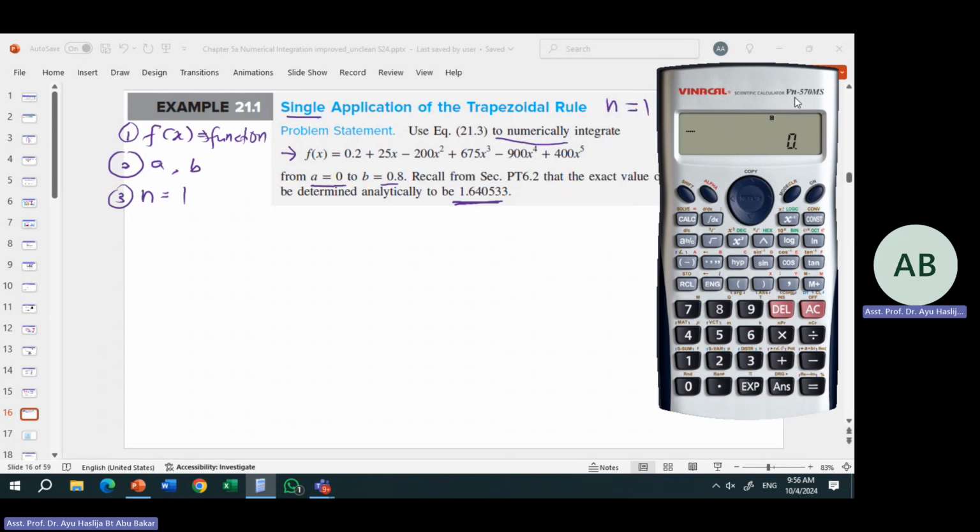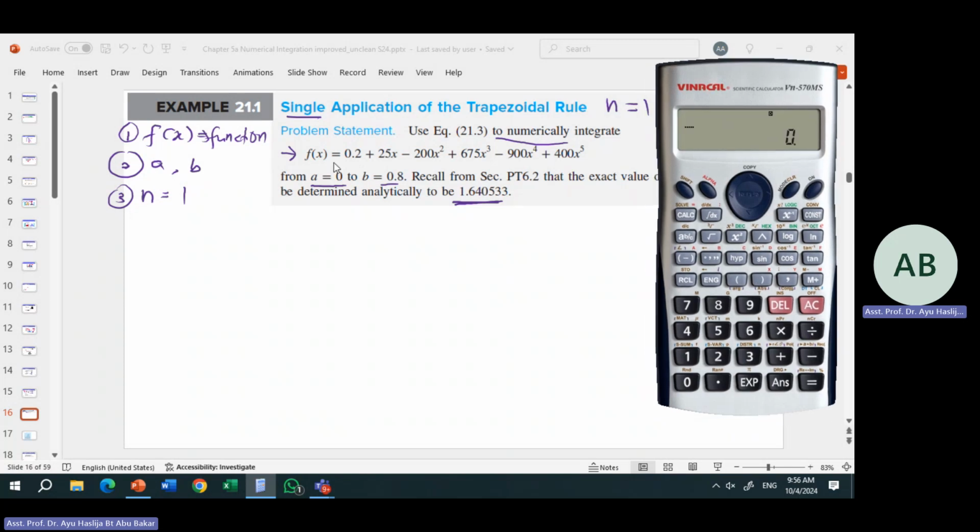I use this model, so I'm familiar with this model. Now, how to integrate using the calculator to find the true value? Press the integration, then key in your function over here.